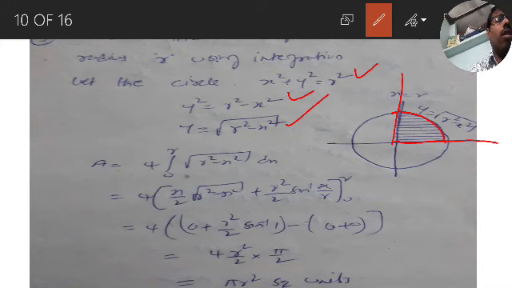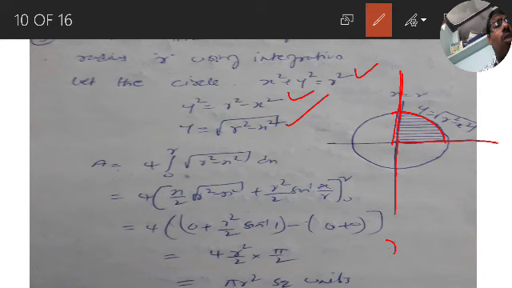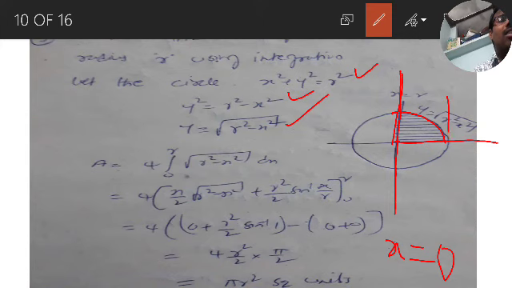Are you getting this? This is the line x is equal to 0, and this is the line x is equal to r, because the radius is r.